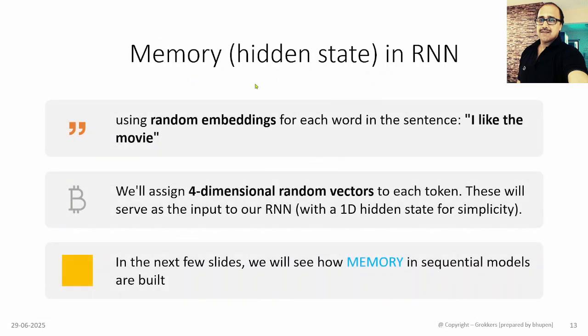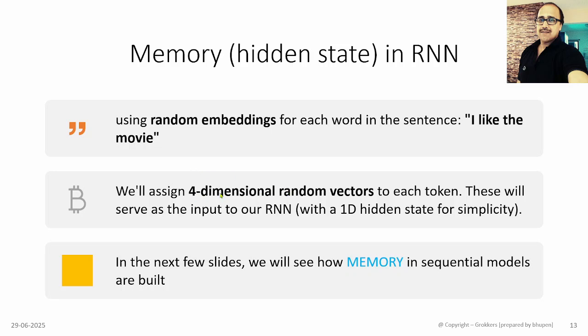Now, in this example that we are going to go through, how to maintain or compute the hidden state in RNN, we'll be using a random embedding for each word or token input. For example, the sentence can be "I like the movie," and we can represent every token: I, like, the, movie, and each token can be represented by an n-dimensional vector.